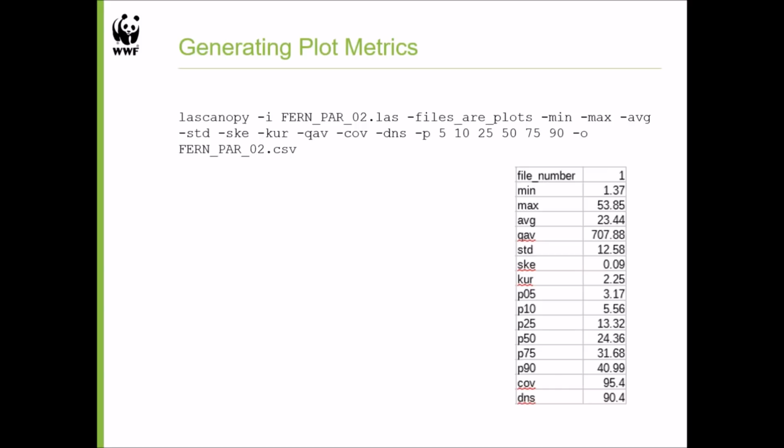When I say, for example, -p 5, the unit is meters, okay? When I specify -p 5, I'm specifying that it will calculate how many points are necessary in this plot to know what's the height in meters that contains 5% of the points, okay? And percentile 10 is the same, that is the height that contains up to 10% of the points.